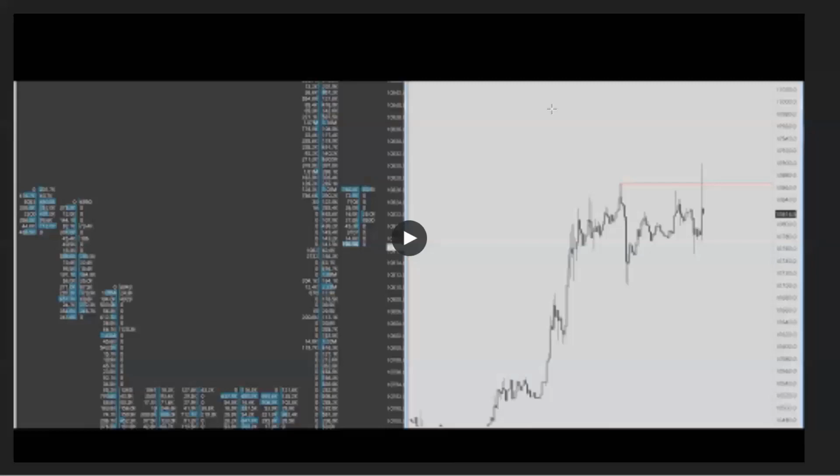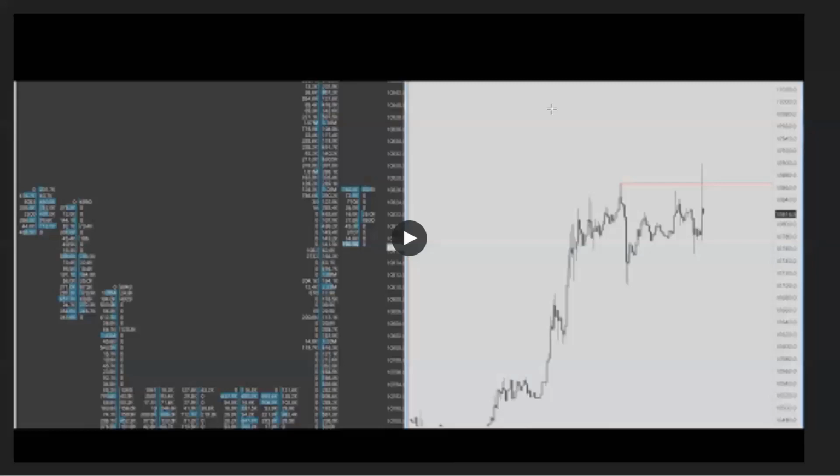This leads me quite nicely onto breakout trading, which I haven't really covered, but I think that as a form of trading, it's really underrepresented, and I can see why it gets a bad rep, mainly because people get caught on the wrong side of false breakouts.